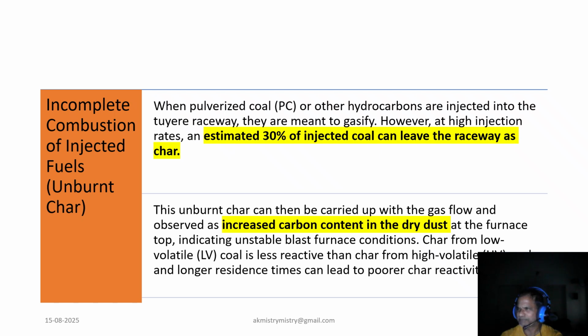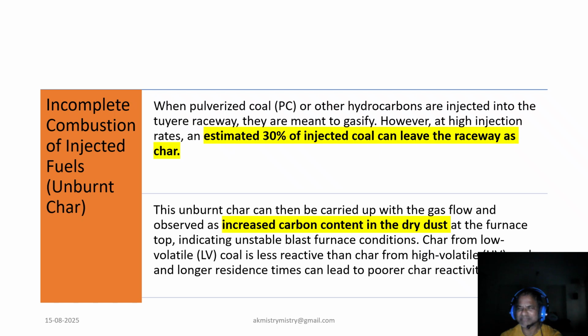Now coming to the incomplete combustion of injected fuel, especially when pulverized coal is injected, ideally it should fully gasify, but at a high injection rate, a discrepancy may occur and up to 30% remains as unburnt char.